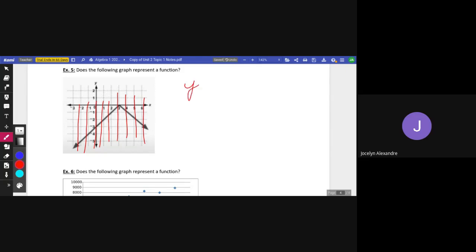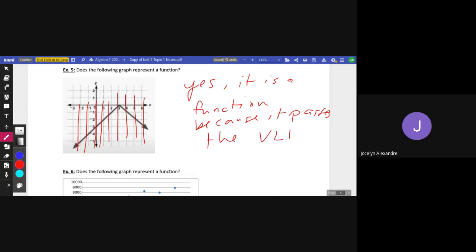So yes, let's erase that. So yes, it is a function because it passes the vertical line test.